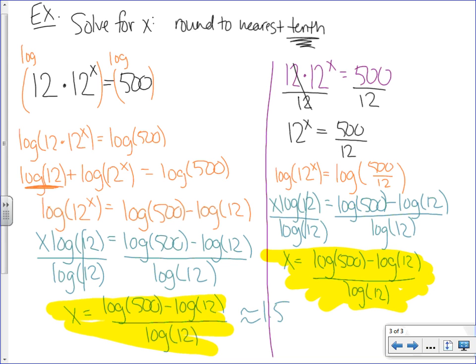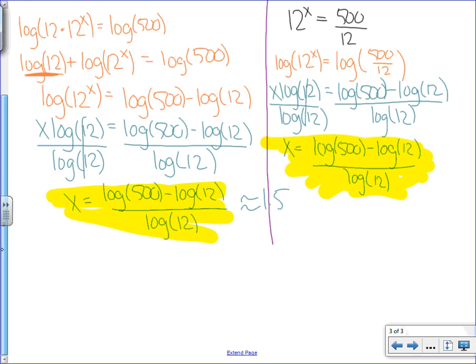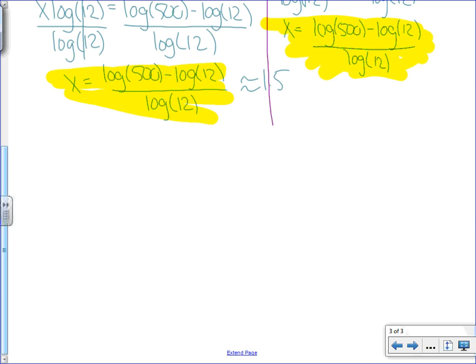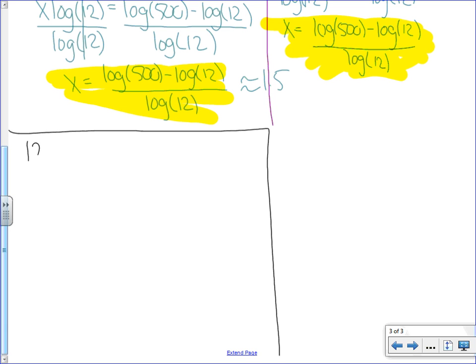I'm going to do the other way, just because I think it's kind of cool. I'll extend my page. Let's do method number 3. I started off with 12 times 12 to the x is equal to 500.